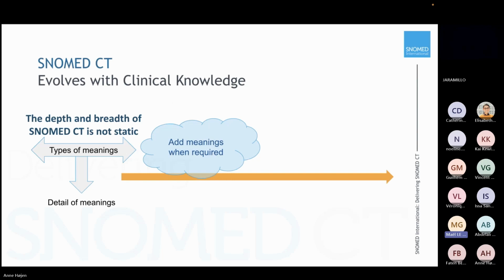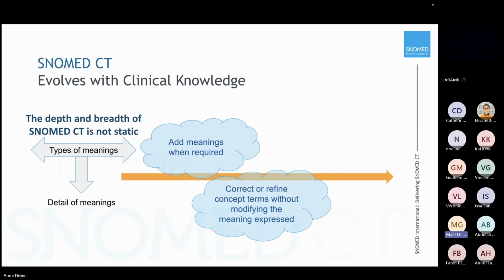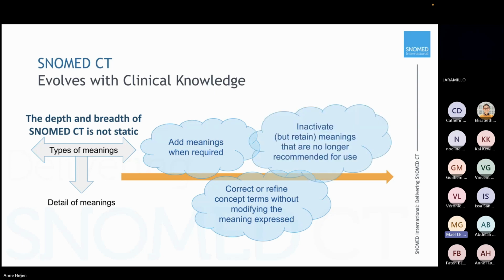But the design of SNOMED CT is so that if there are gaps of any kind, these can be requested for inclusion, and then they can be added. You have also seen how concepts are defined in SNOMED CT via relationships to other concepts. And if there are some things that can be made even more accurate and precise, and you want to refine some things, then those types of changes are also possible.